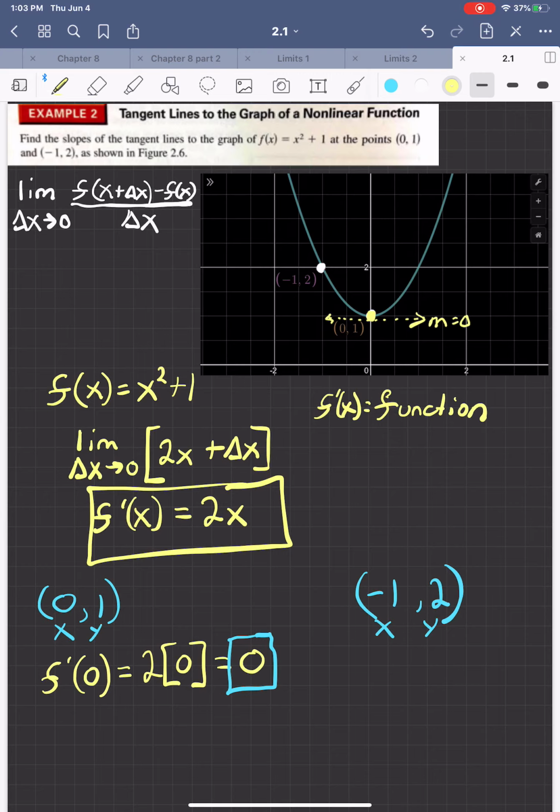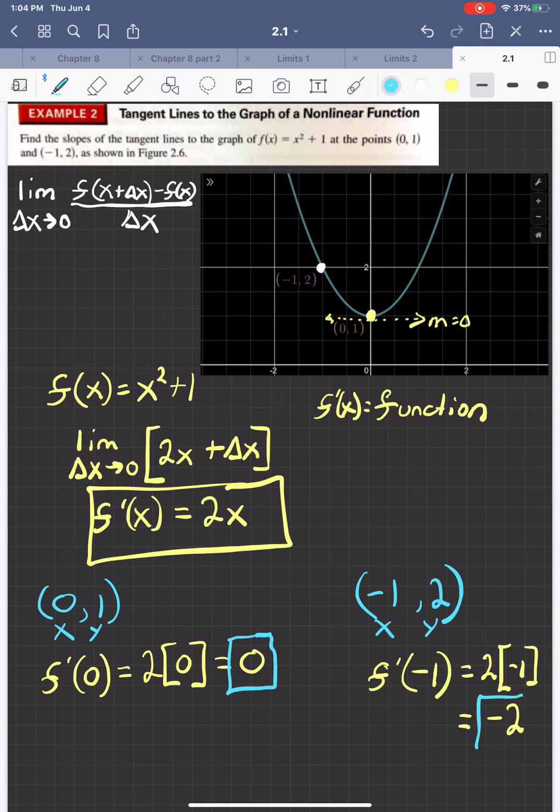Let's do the same thing here. Maybe if you want, you could pause the video and try it yourself. We're trying f prime of -1. We want to know what the slope is at this other point. Notice I'm plugging the x value into my derivative. That would be 2 multiplied by -1, or -2.